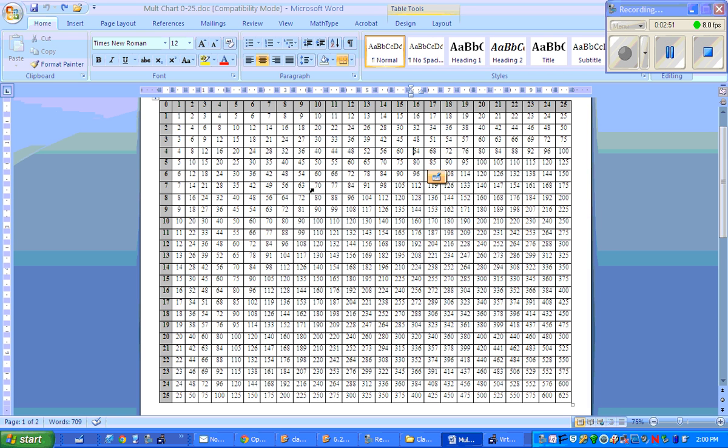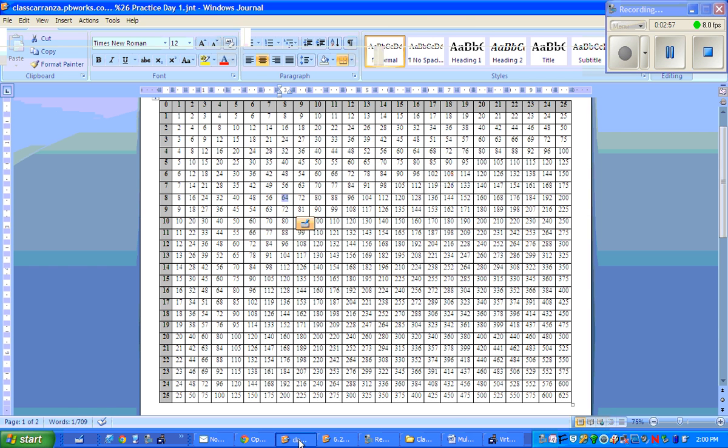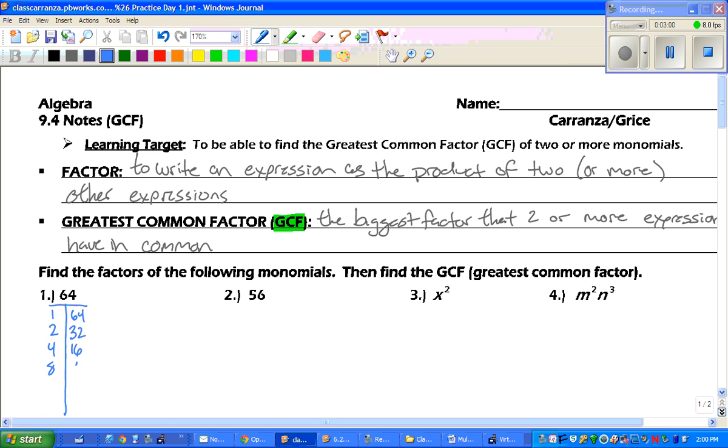Does 7? Does 8? Boom, 8 does, and it's 8 times 8. And now's where we stop, because if we look, we start to repeat the numbers. Once we start to repeat the numbers, we know that we have found all of the factors. Okay, does that make sense?